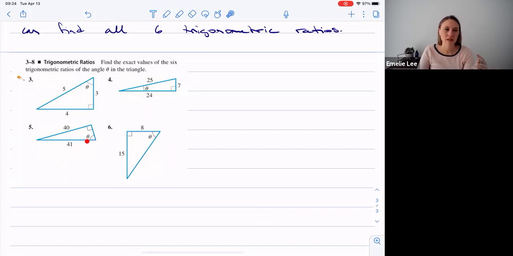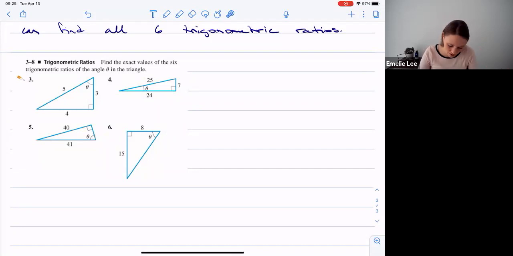Notice that in 5, I only have the lengths of 2 of these sides, but because it's a right angle, I can use the Pythagorean theorem to find the 3rd side first, and then I can go ahead and find these trig ratios.